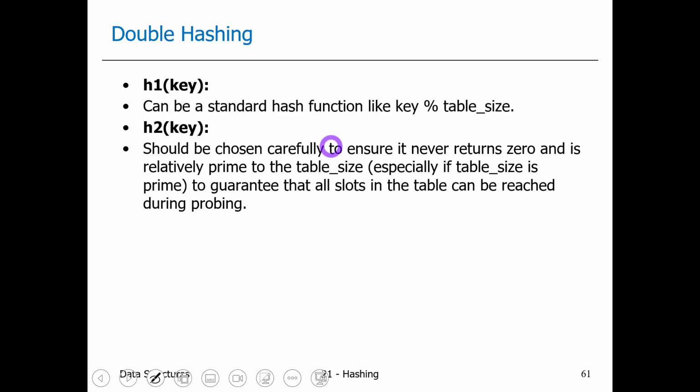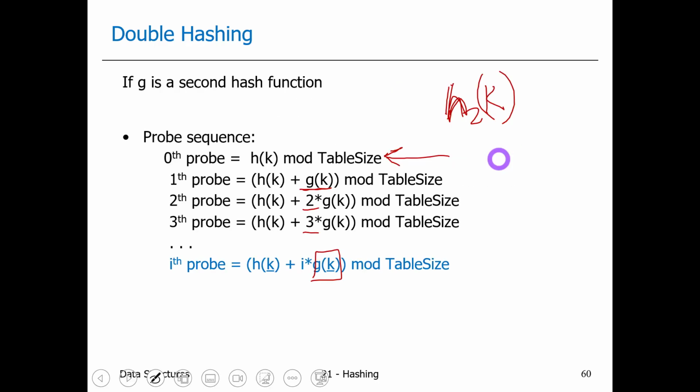Now let's discuss these two hash functions. h1 is a standard hash function like this. h2 should be chosen very carefully to ensure that it never returns 0. This is very important, because if it returns 0, then since it is being multiplied here, this whole term will become 0.